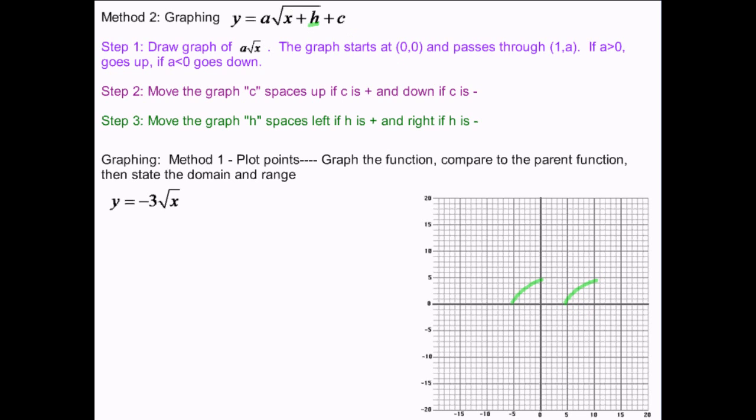So just to give you an idea of what I mean, I'm going to start with our graph of negative 3 times the square root of x, which we've already done when we were plotting points. And if we go back and look at the table, we had 0, negative 3, negative 6, negative 9. But we don't have to plot all that. I know I'm going to start at 0, 0. I know I'm going to go through 1, negative 3.